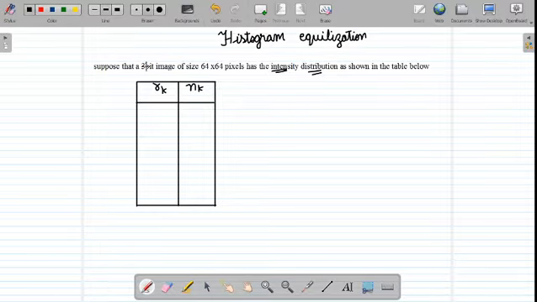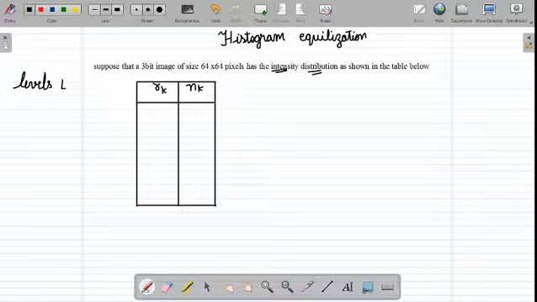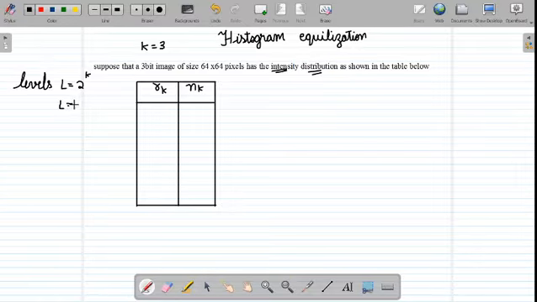Since it's a 3-bit image, the number of levels, which will be called L, is given by L equals 2 to the power of k, where k is the number of bits used to represent the image. Here the number of bits is 3, so L equals 2 to the power of 3, which is 8 levels.